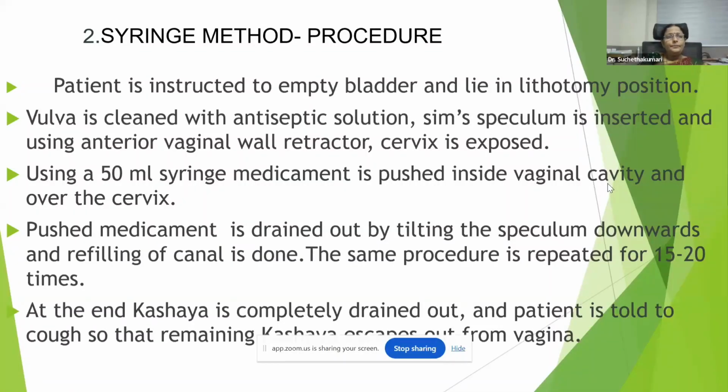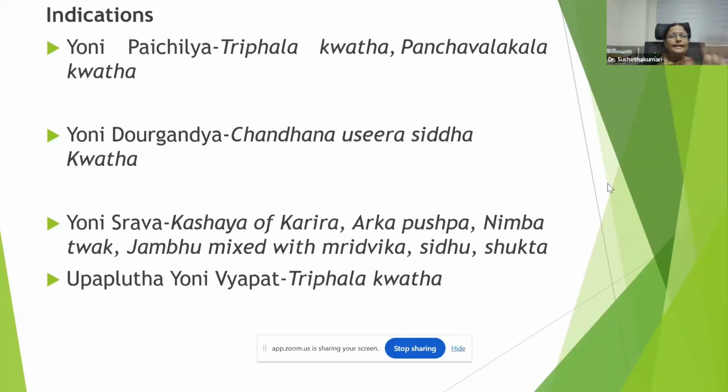Otherwise, the liquid of the parisheka is present in it itself, and if you introduce the pichu, there is a chance of infection. So we have to take care before introducing the pichu. The indications are already told in the classics.